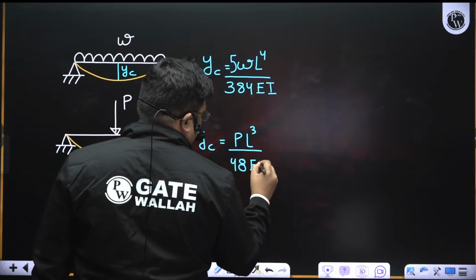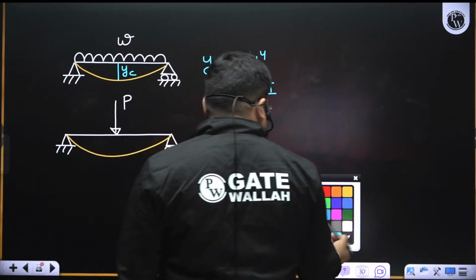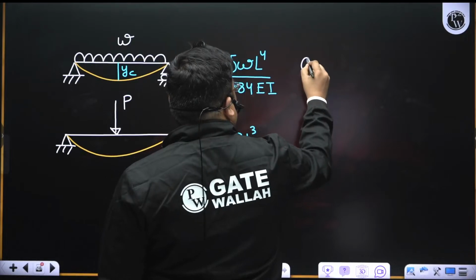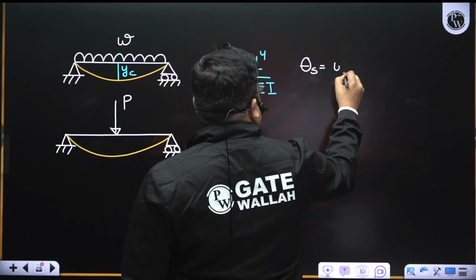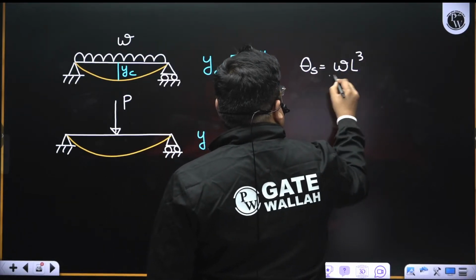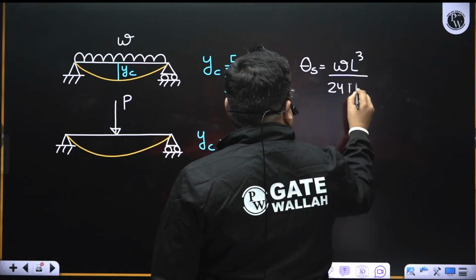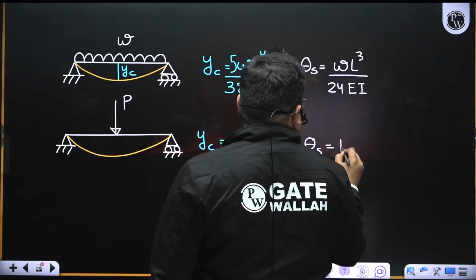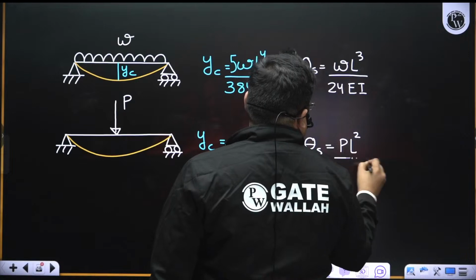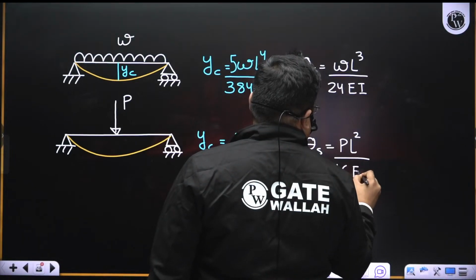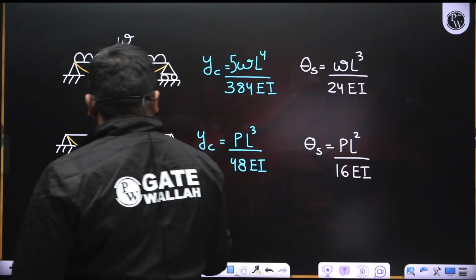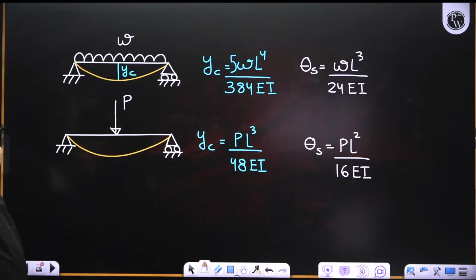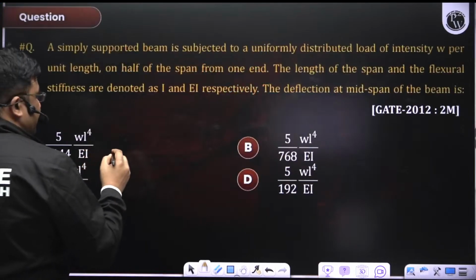Then here the slope at supports is WL cube by 24 EI, and here the slope at supports is PL square by 16 EI. All these formulas for the standard cases you should have remembered properly, okay?